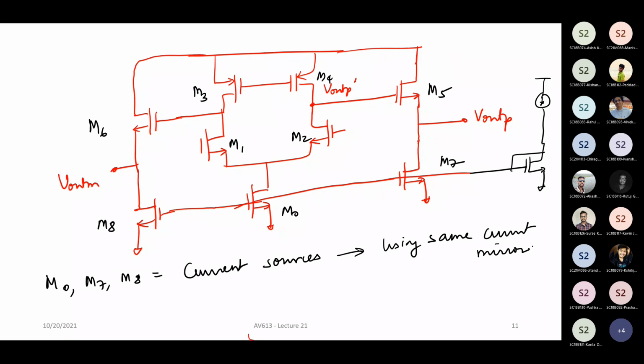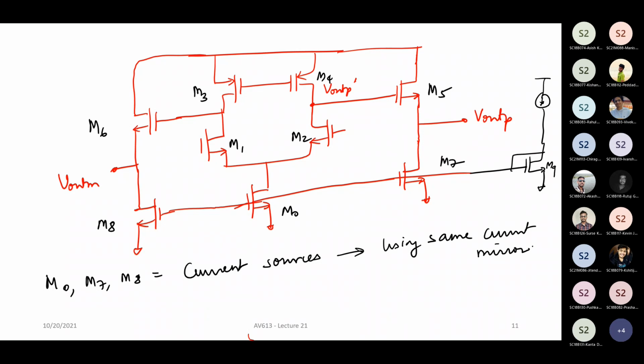In this particular case, you have 4 transistors. Let's call this M9. So you have M9, M7, M0, and M8. All these 4 transistors are basically forming a current mirror system.